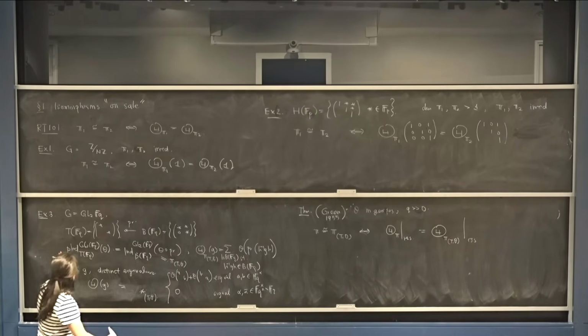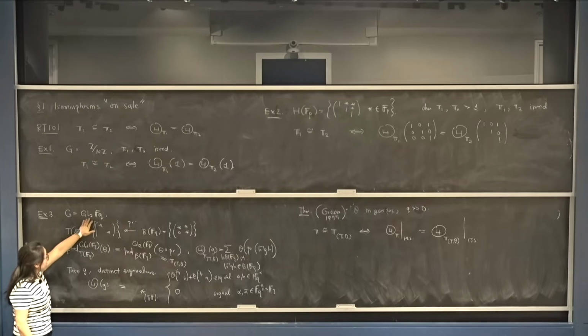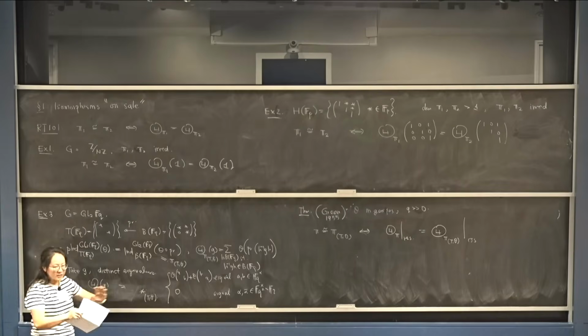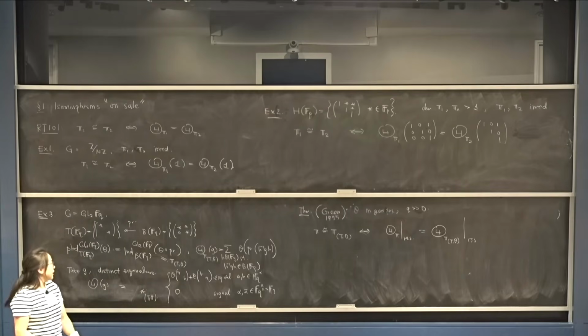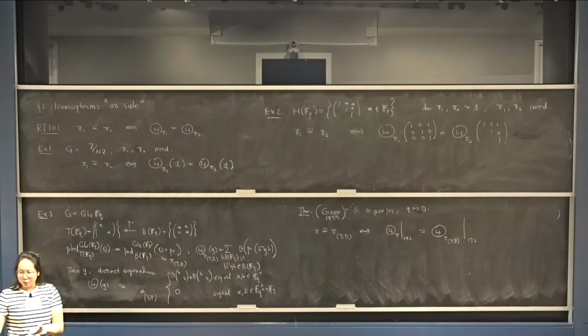Okay, so now, if you haven't seen the representation theory of GL2(Fq) before, let me just tell you that it basically breaks into two parts. There's the stuff that looks like what I've told you here, and there's the stuff that doesn't.